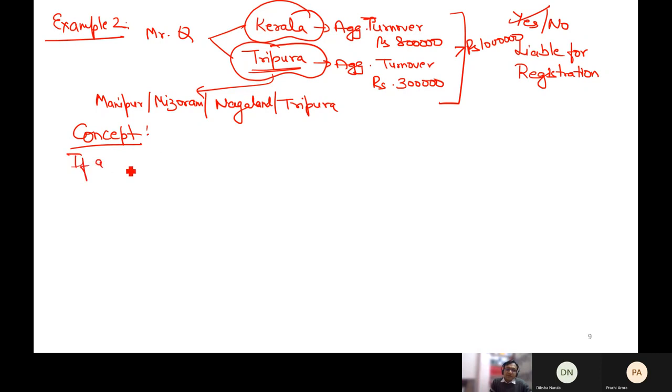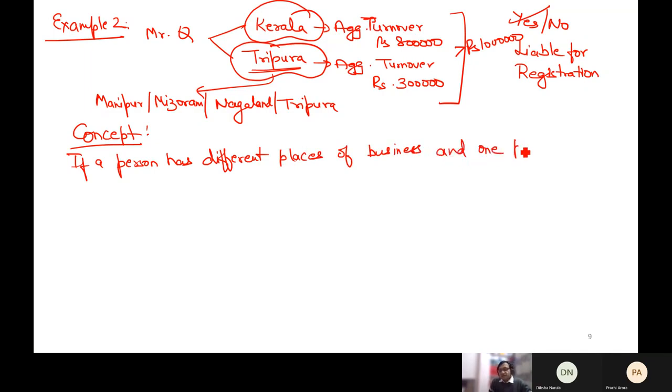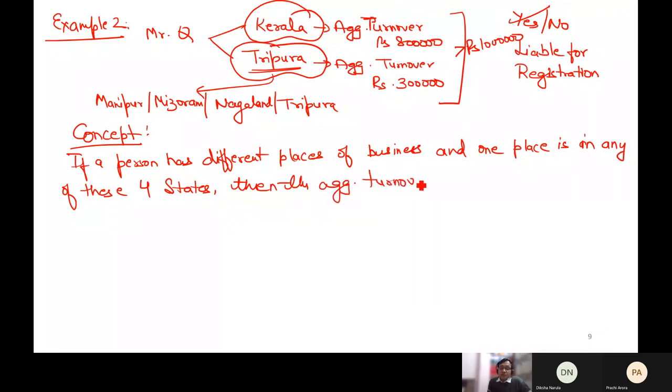If a person has different places of business and one place is in any of these four states, then the aggregate turnover limit becomes 10 lakh rupees for this person, not only for this state, but for the aggregate.